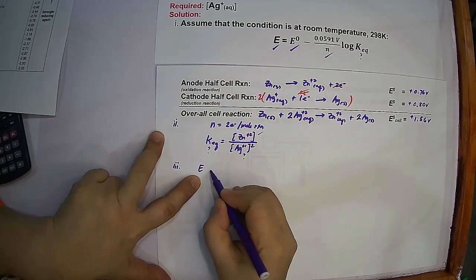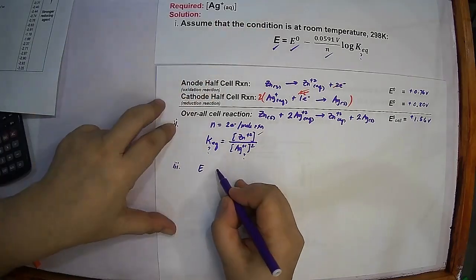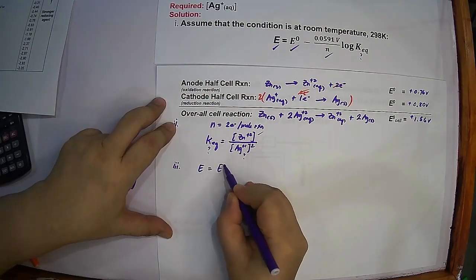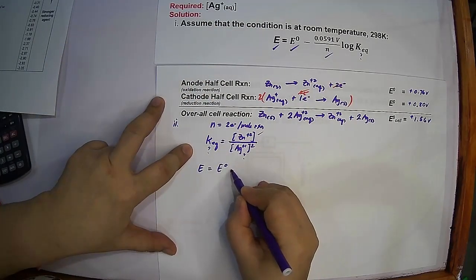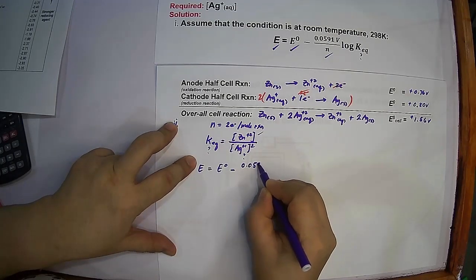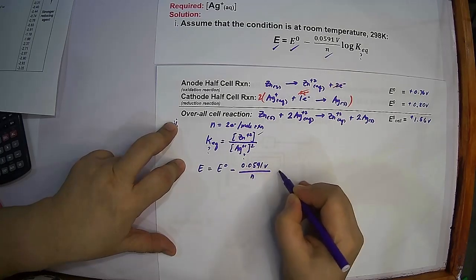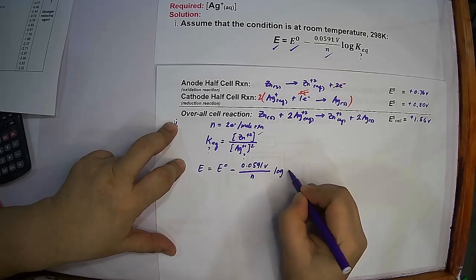We have the potential at non-standard conditions, which is given. We have the E naught, or the electrode potential at standard condition, minus 0.0591 volt over n, the log of Keq.